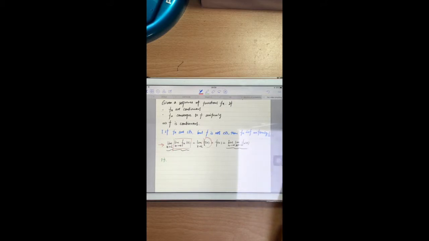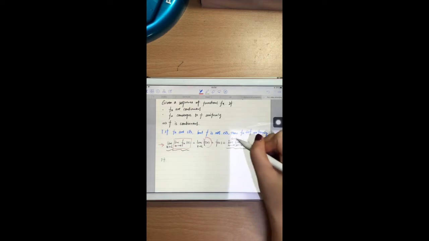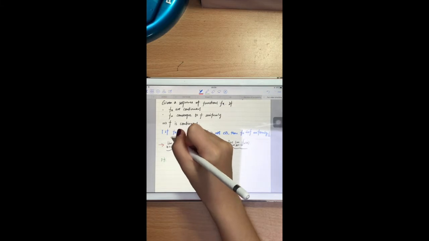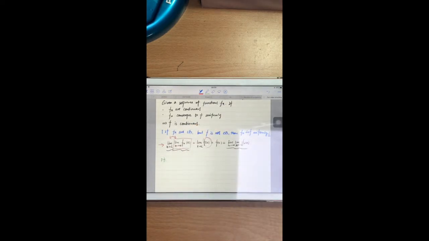But actually you can interchange the two limits.